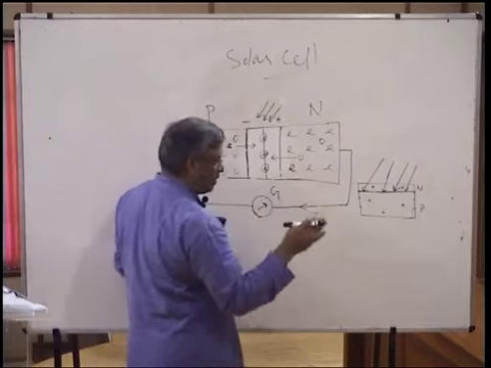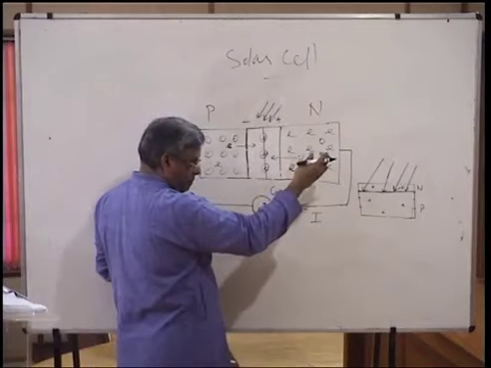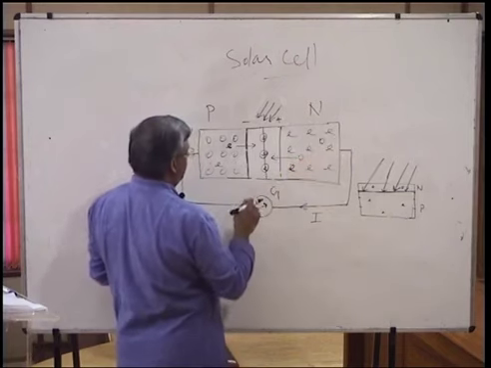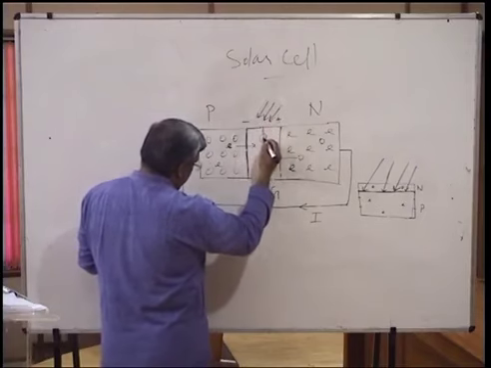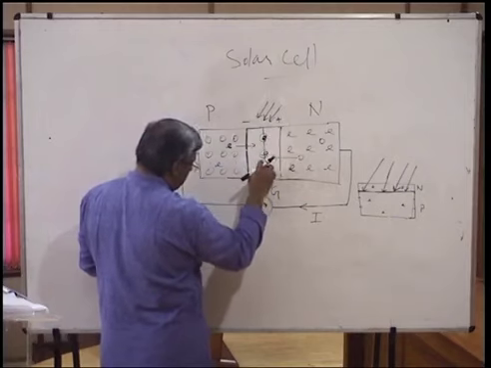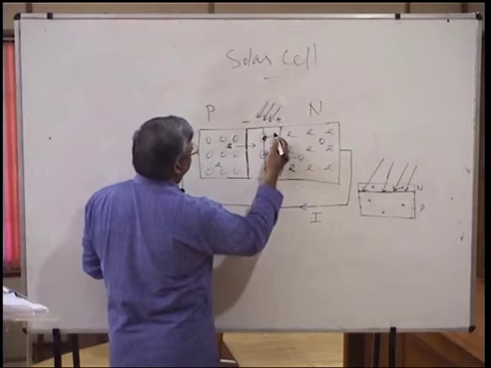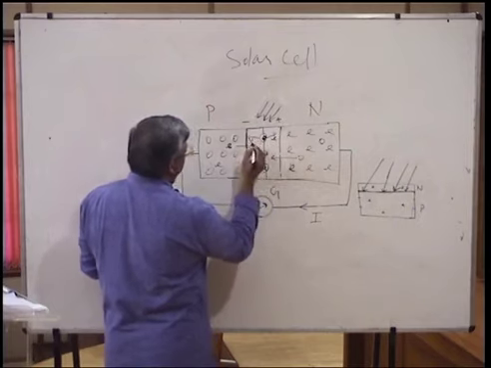We have seen the photoelectric effect. When photons are falling, according to the photoelectric theory by Einstein, each photon will kick out an electron from an electron-hole combination, which means electrons will be out and holes will be also separated.